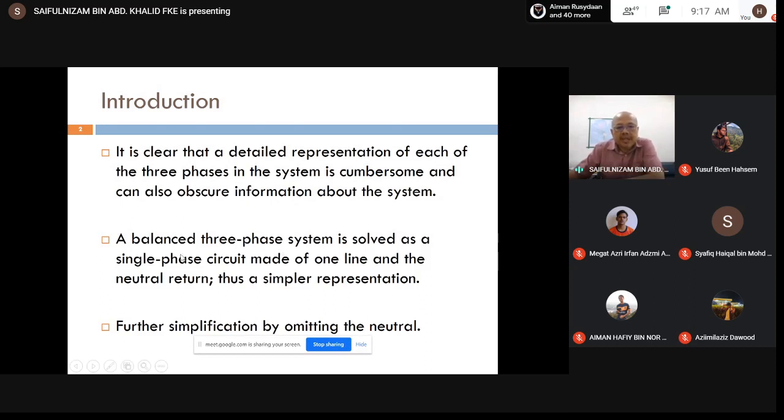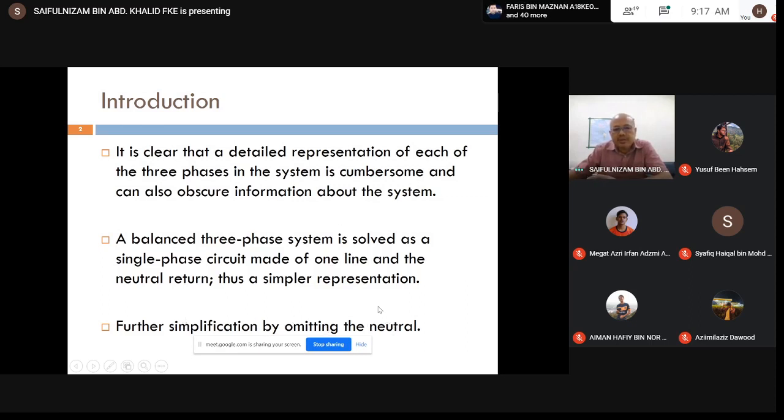So a balanced three-phase system is solved as a single-phase circuit made of one line and the neutral return, thus a simpler representation. This means the balanced three-phase system can be solved on a per-phase basis, which is much simpler. Further simplification can be done by removing the neutral.